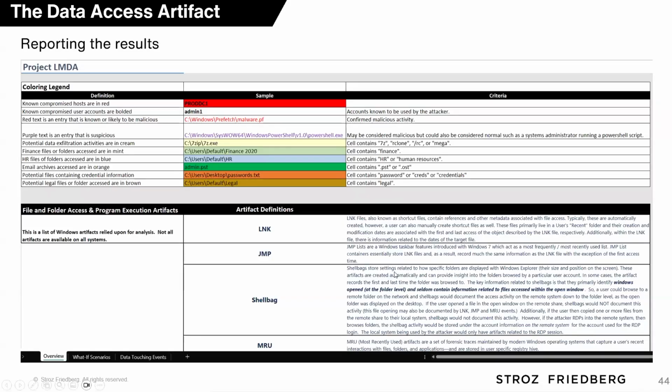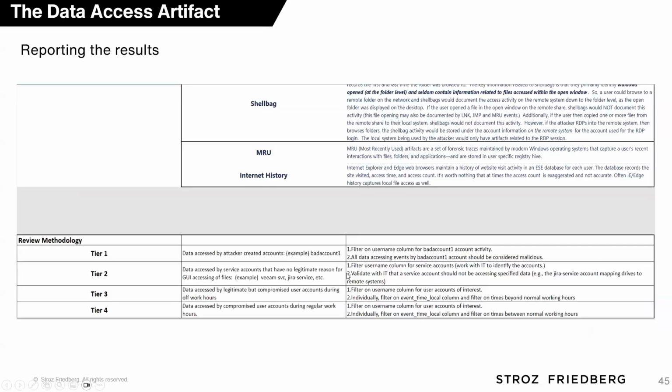Next, we have a definition of our forensic artifacts. It can be useful for a non-technical audience to understand where the data is coming from. Lastly, for the Overview tab, we have listed some review methodologies.